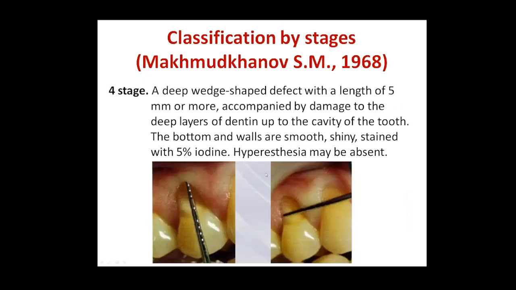And the fourth stage, a deep wedge-shaped defect with a length of 5 and more millimeters, accompanied by damage to the deep layer of dentin up to the cavity of the tooth. The bottom and walls are smooth, shiny, stained with iodine. Hyperesthesia may be absent.